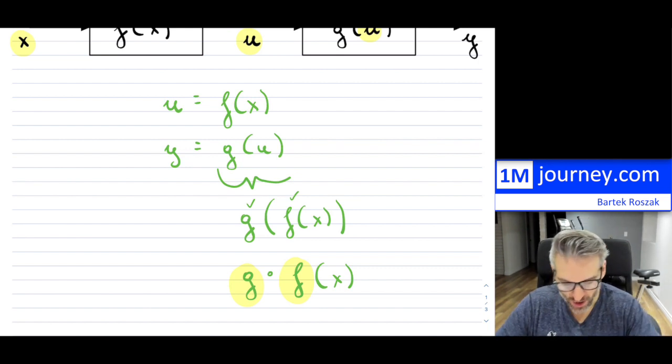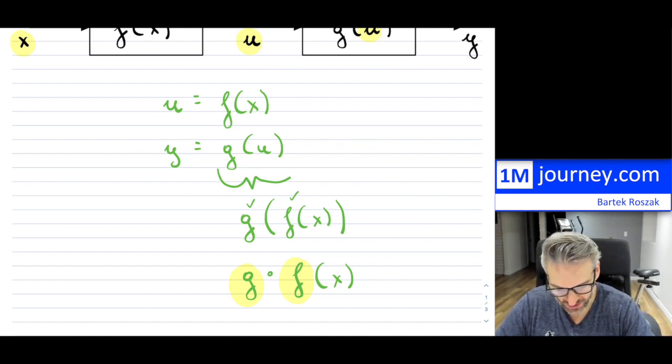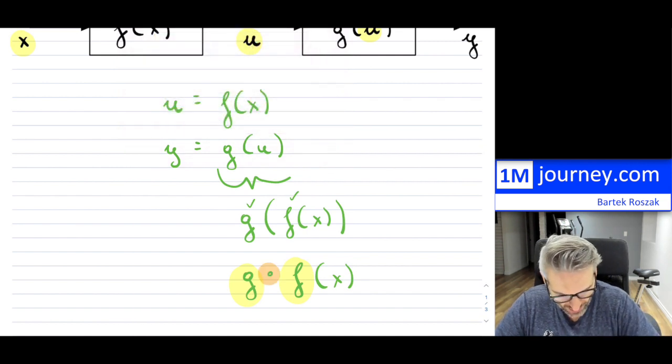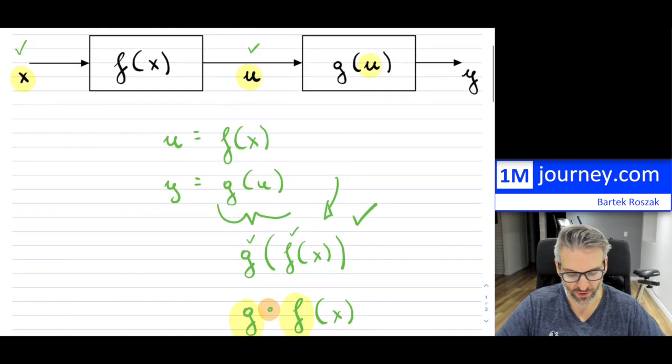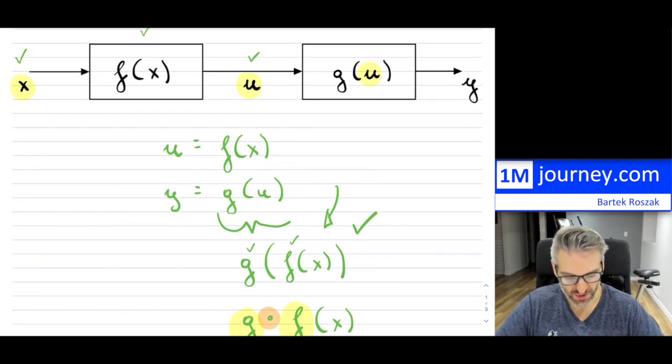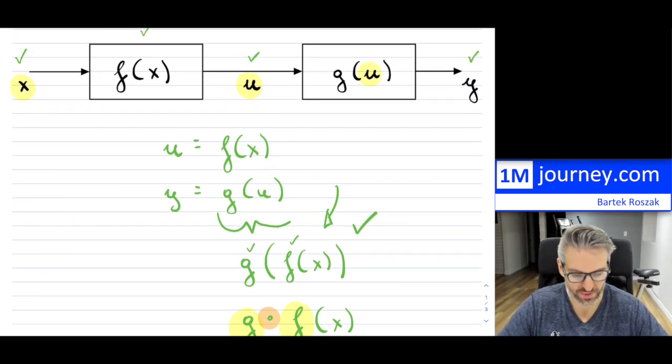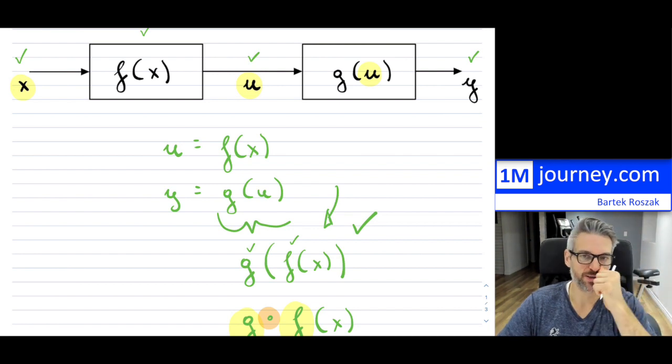And the reason why we use this particular circle instead of just using this, which I definitely like, especially when it's only for two, is because you can have a composition of numerous functions. As I told you, this y could also be fed into another function, so maybe it's f, then g, maybe then h, and so on.